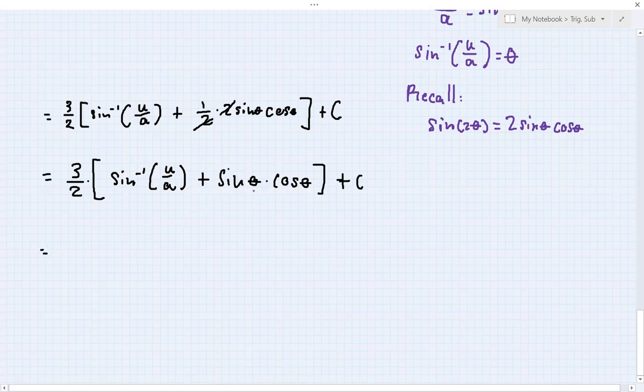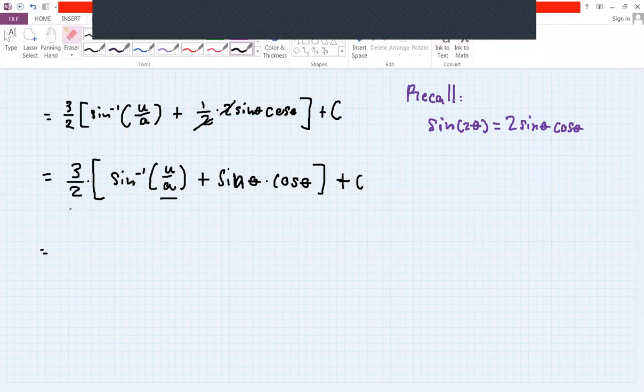Sa tingin mo ba kaya pa natin i-convert si sine at saka si cosine into something different? Basically, can we convert sine theta at saka si cosine theta into different form na makuha natin si u at saka si a? The answer is yes.